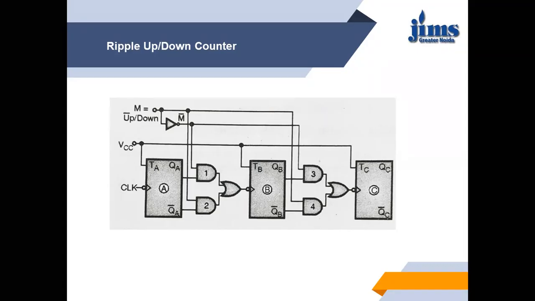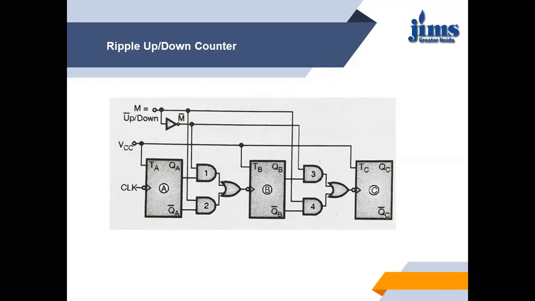Whenever these are deactivated, QA bar and QB bar will act as the clock, that means down counting. Whenever M equals 0, M bar will be 1, then gate number 1 and 3 will be activated. Output of 2 and 4 will be 0, because for an AND gate, if any input is 0, output is 0. So in that case, QA and QB will act as clock pulse and it will count up.